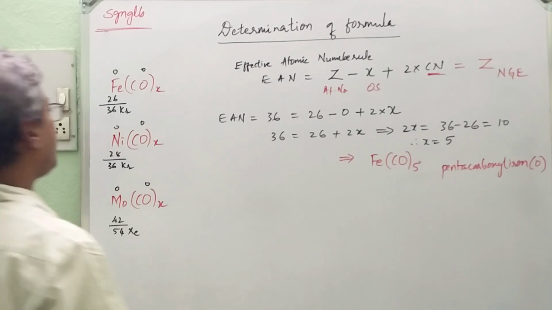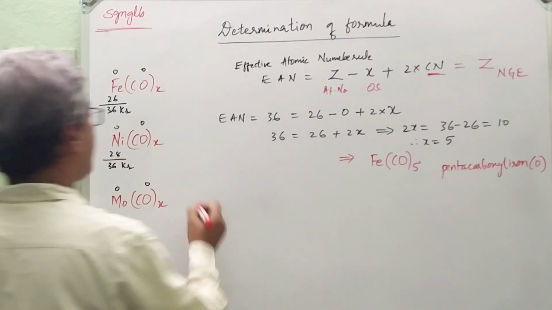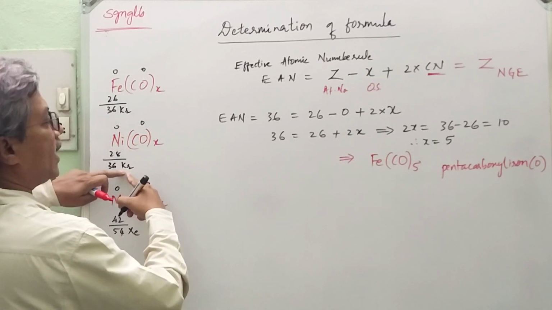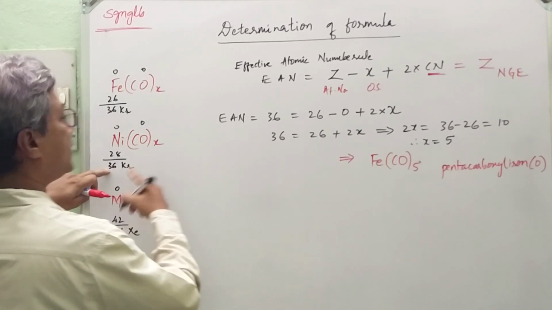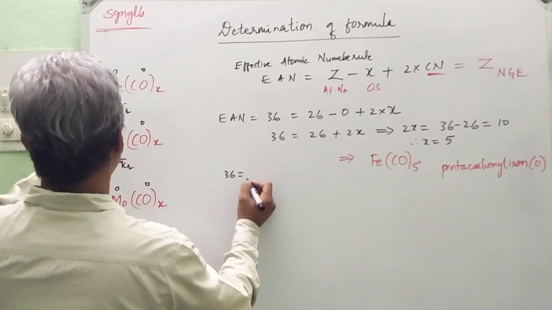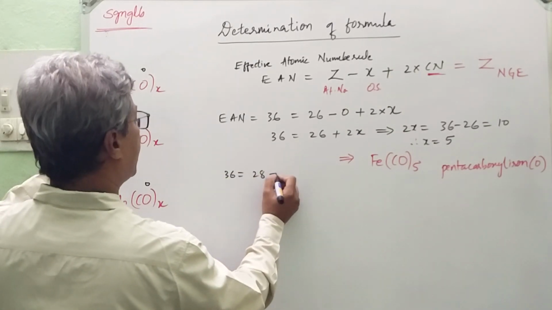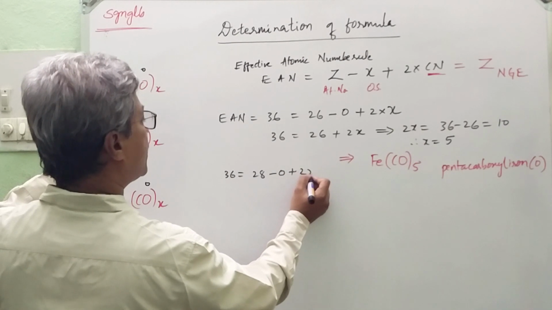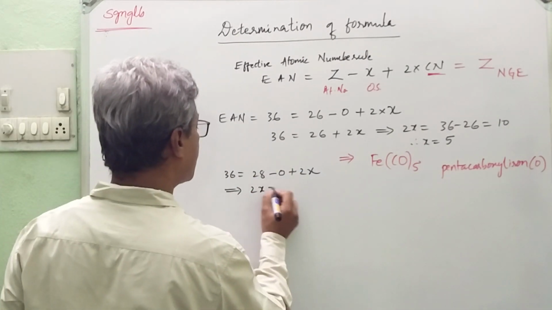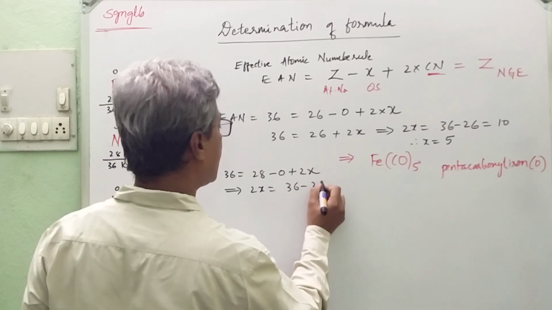Okay. Next, let us take this. For nickel, the nearest noble gas is krypton, whose atomic number is 36. It means that 36 must be equal to the atomic number of nickel, 28, minus 0 plus 2 times x. Well, this implies that 2x is equal to 36 minus 28.